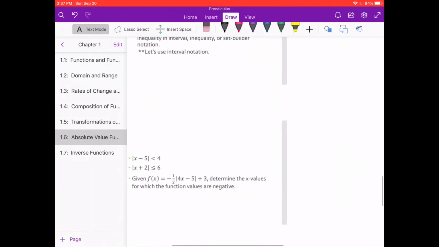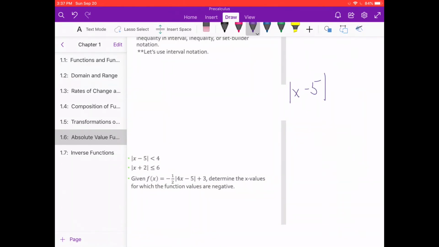So let's look at the first one. We have the absolute value of x minus 5 is less than 4. So what I want to do is forget about the less than sign for a moment, pretend it's an equals. So that means x minus 5 is equal to 4, or x minus 5 is equal to negative 4.